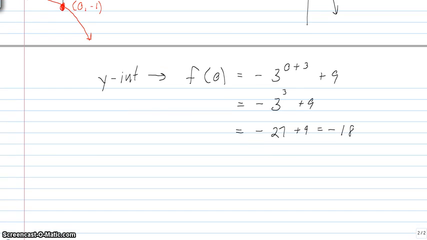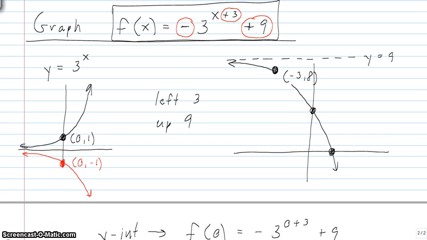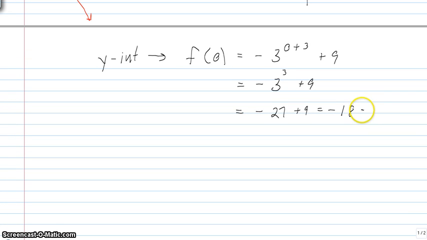Okay, so my rough sketch is quite a bit misleading. Obviously my y-intercept is off, and that's exactly why I go and algebraically find the y-intercept.